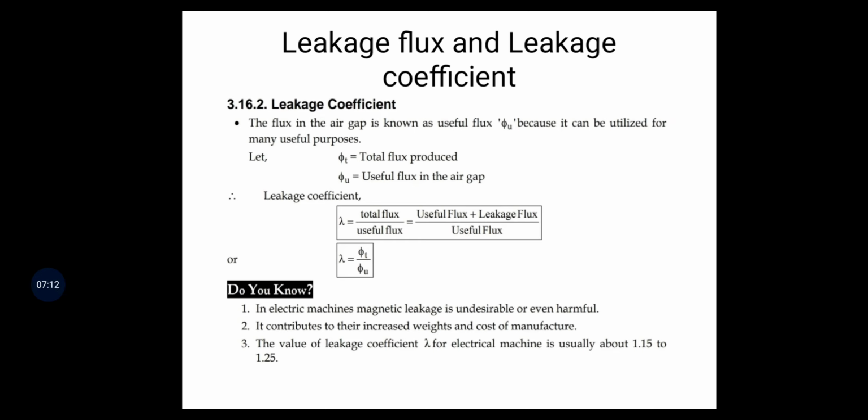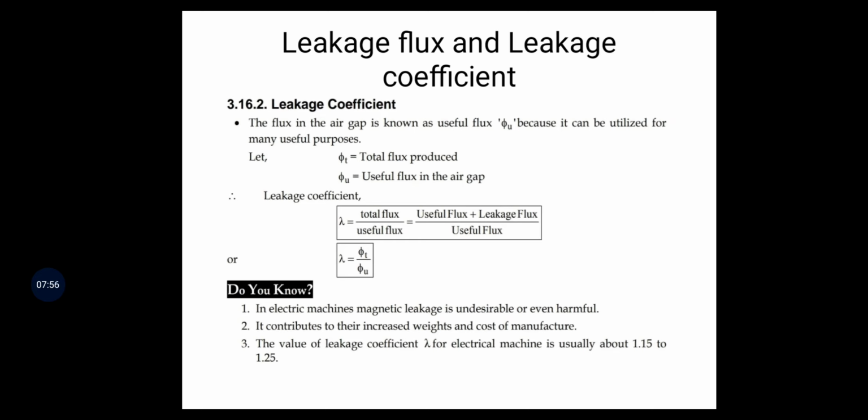Then the leakage coefficient lambda is equal to total flux by useful flux. Here total flux is useful flux plus leakage flux, so lambda equals useful flux plus leakage flux divided by useful flux.